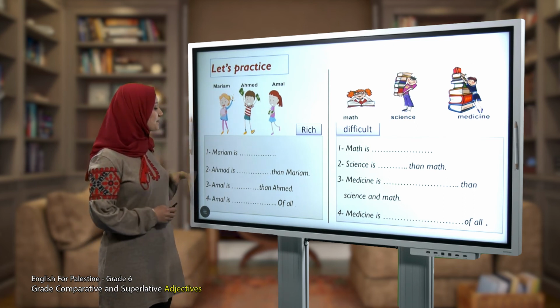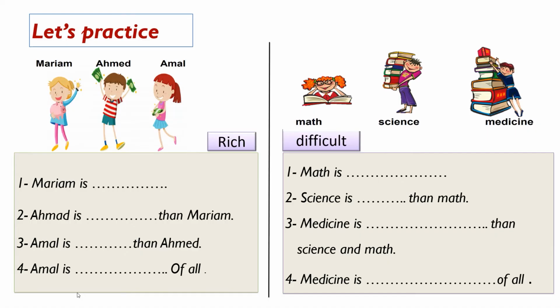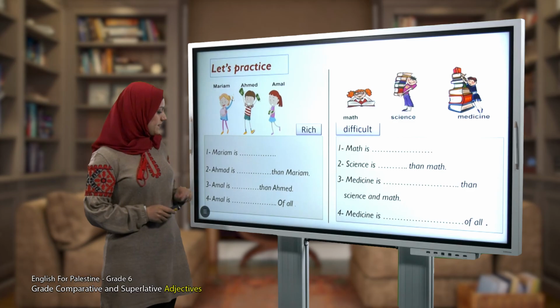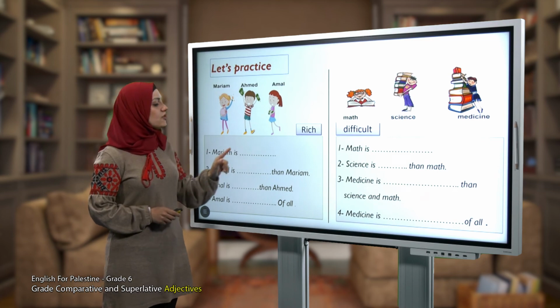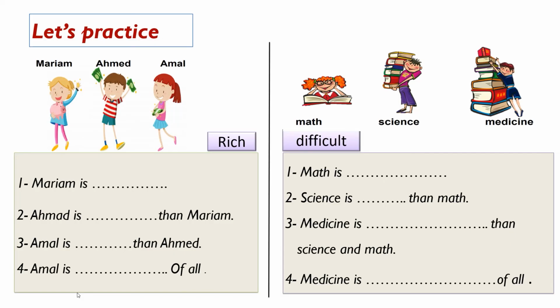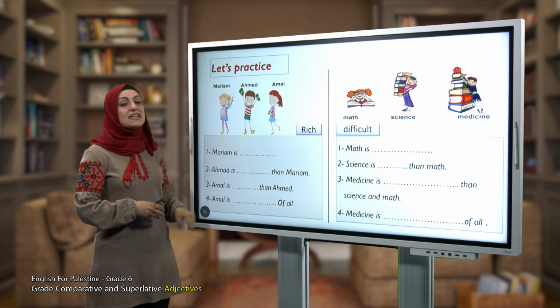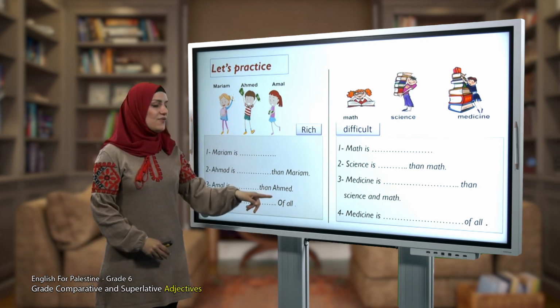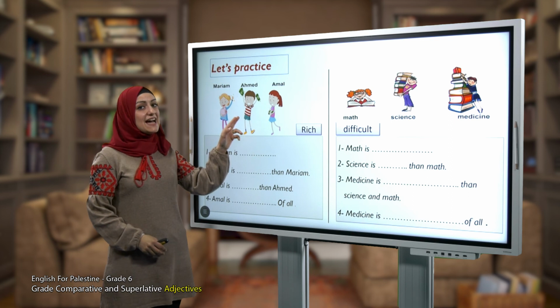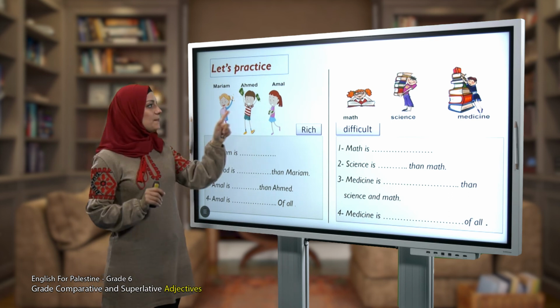Let's see. One. Maryam is rich. Two. Ahmed is richer than Maryam. Three. Amal is richer than Ahmed. So Amal is the richest of all. She has the most money.